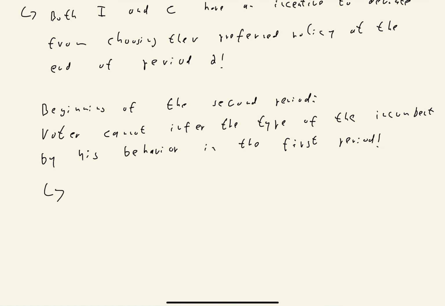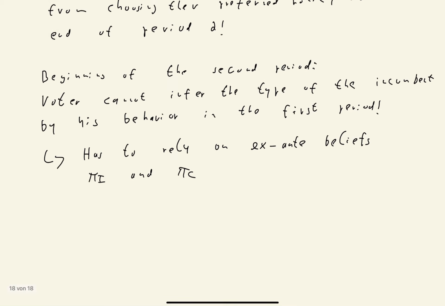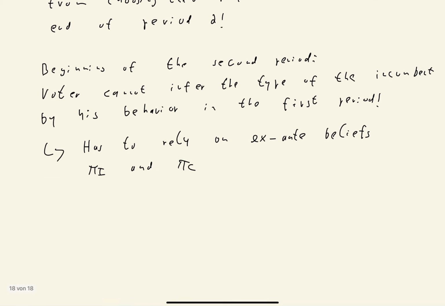So the voter has to rely on ex ante beliefs pi I and pi c. He cannot infer any information. Therefore, the only thing he can do is consider his ex ante beliefs.